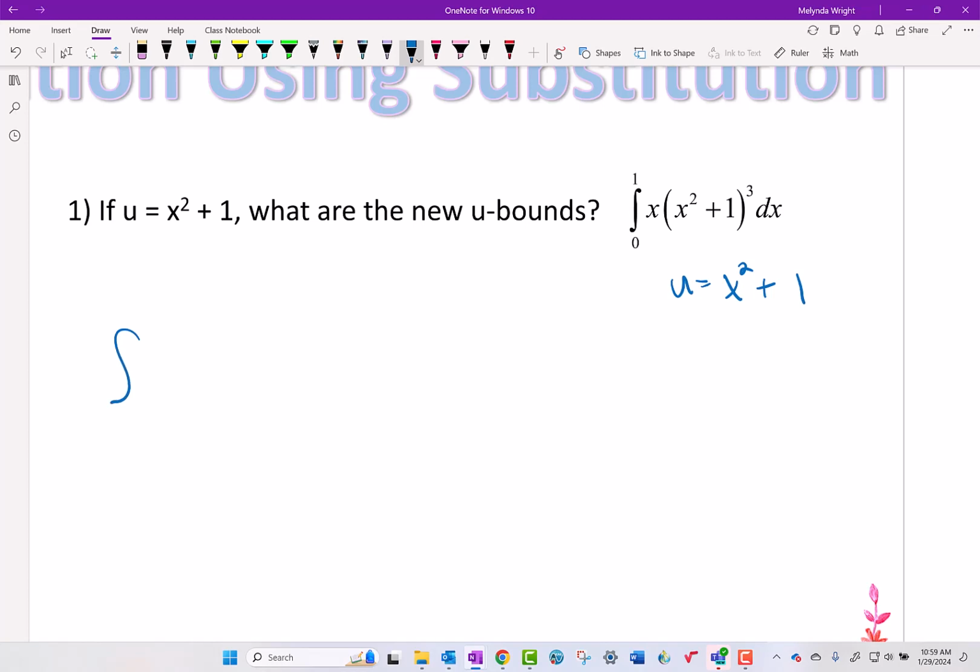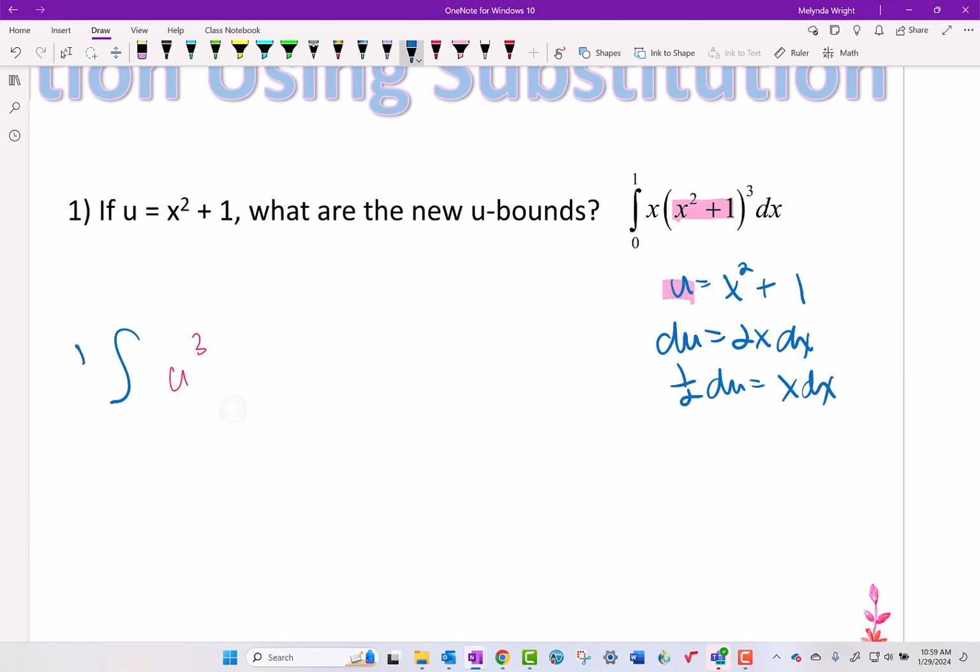I'm actually going to write it over here. This part right here would be U, and so we would have U cubed. And then our du would be 2x dx, so 1/2 du equals x dx.